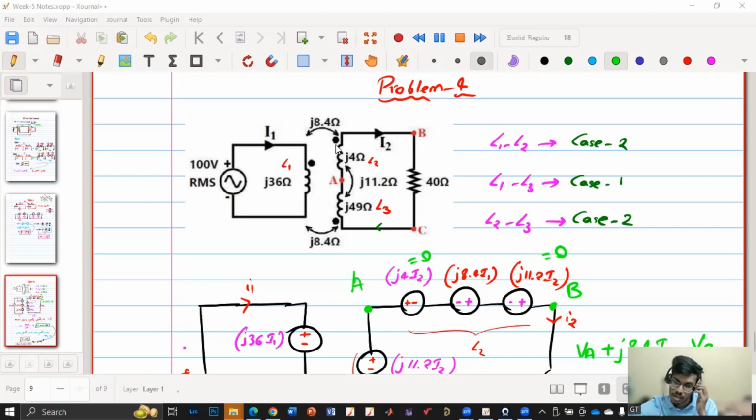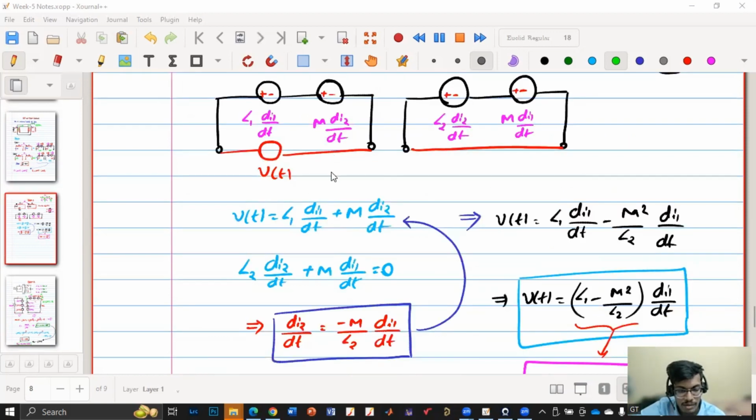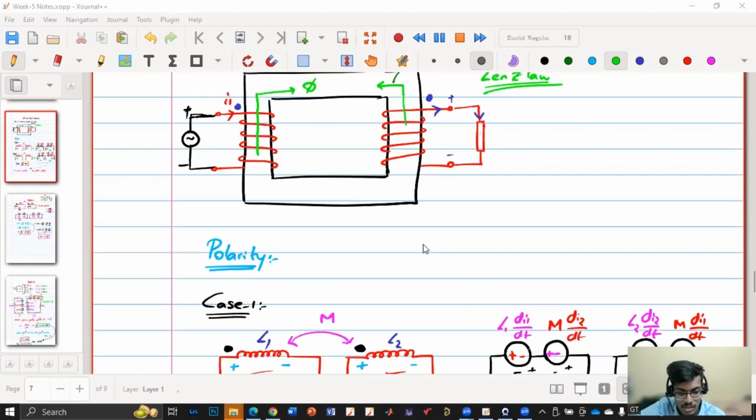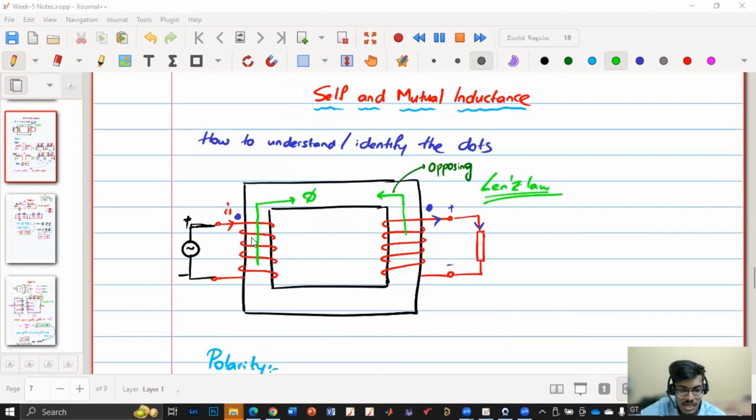One more thing, I will not ask you to correlate with this. Here, the flux direction depends upon the winding, right? Whether it is clockwise wound or anti-clockwise wound. Because here it is wound anti-clockwise, and here it is wound clockwise.